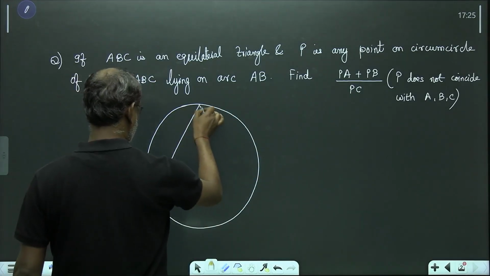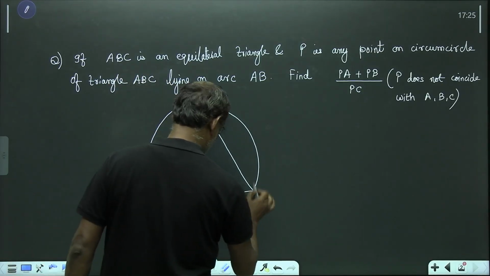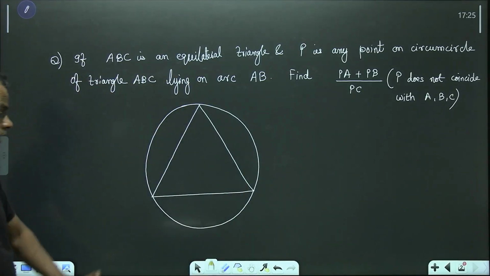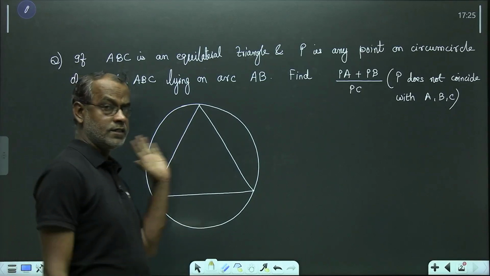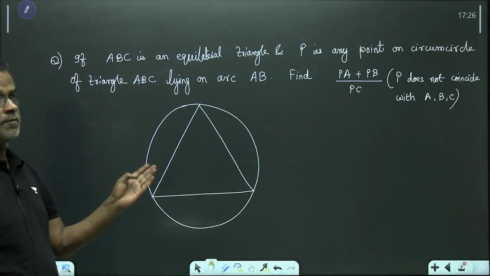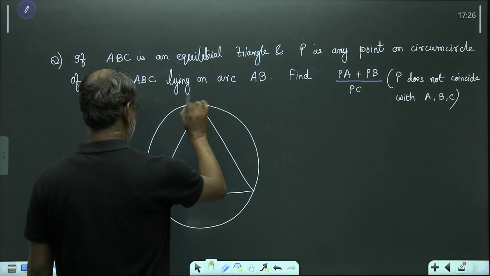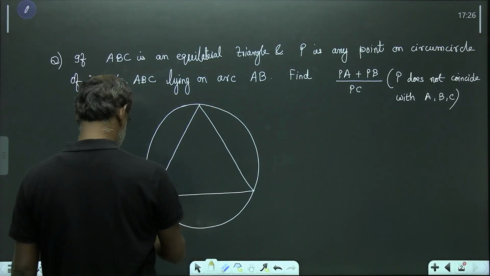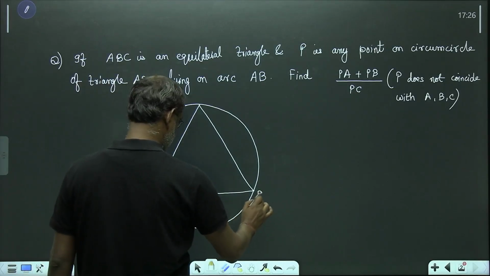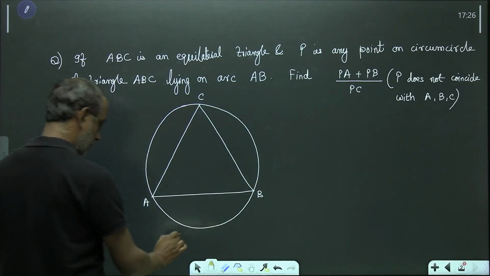So let me draw an appropriate diagram. Whenever you have to draw the circumcircle of a triangle, draw a circle and inscribe a triangle in it, rather than drawing a triangle and then circumscribing a circle about it. Okay, now ABC. We have taken a point P on it.